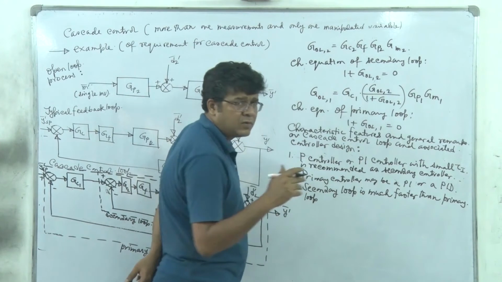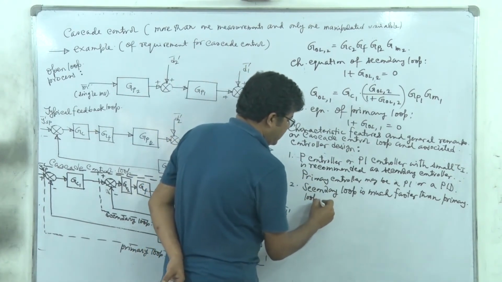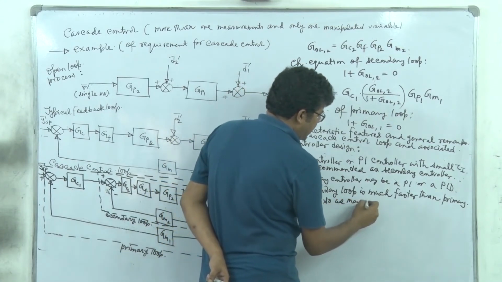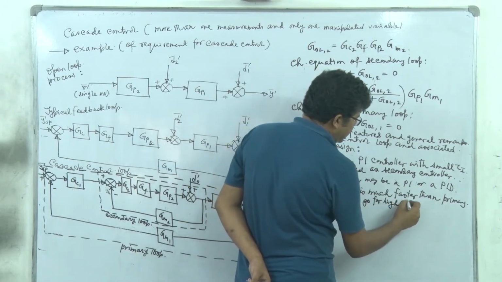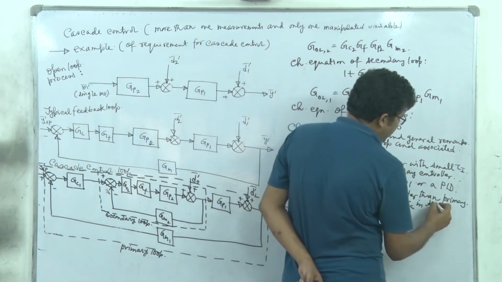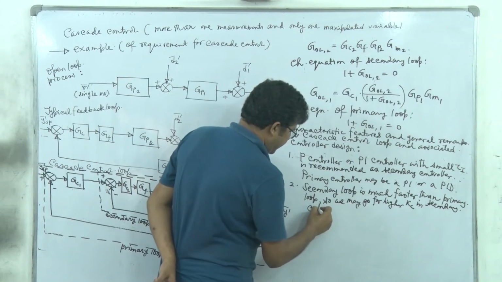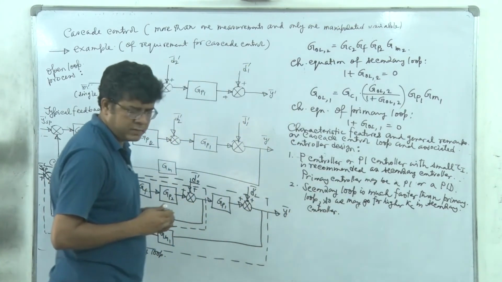And without going into crossover frequency, because of that, we can say that we may go for higher Kc in secondary control. Right.